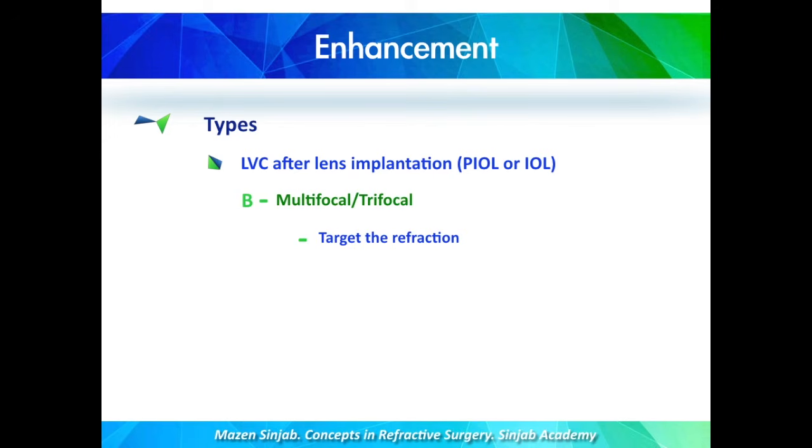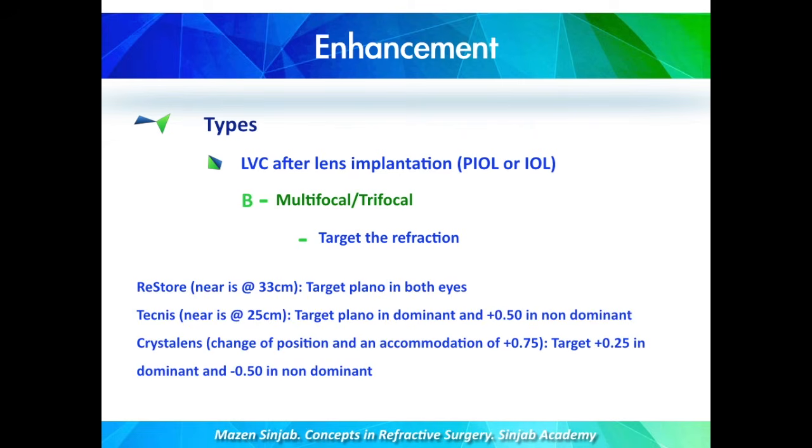Now, how to target the refraction in multifocal or trifocal lenses? By measuring the manifest refraction and giving the patient trial contact lenses with multiple visits and letting the patient share in the decision. But in general, if the lens that was implanted was restored, we have to target plano in both eyes.